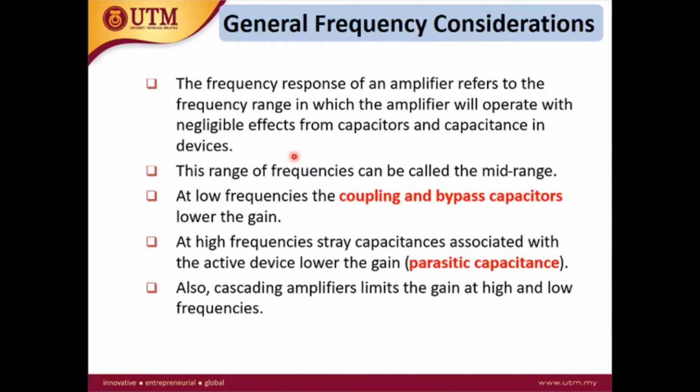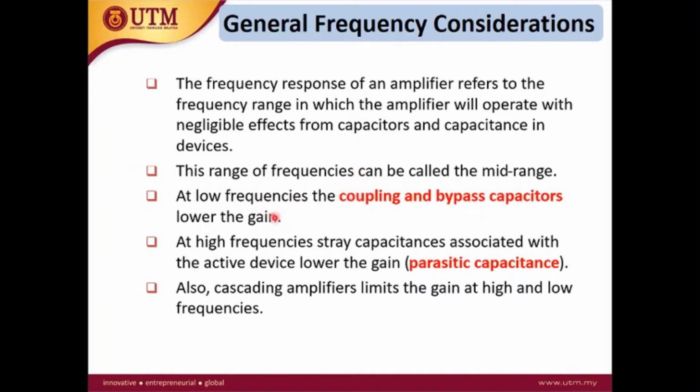In an actual case, the capacitor will affect the performance of the circuit because it has a certain value of impedance. But in a certain frequency range, this capacitor can be ignored. This range of frequency is called the midband.